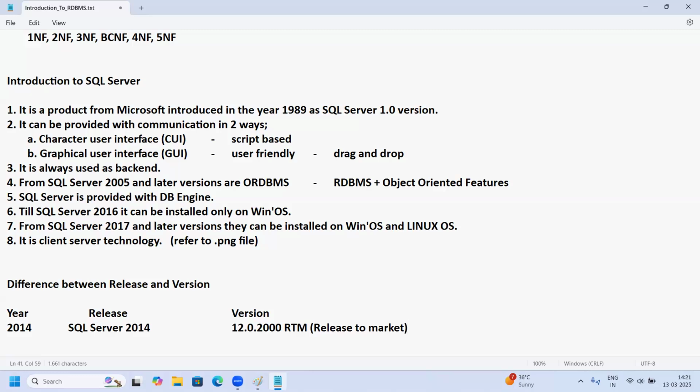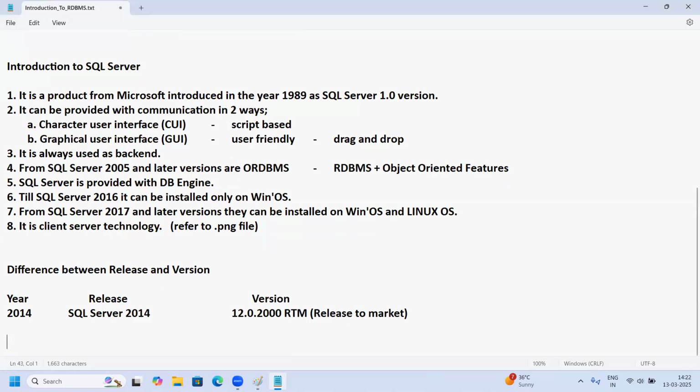That is the reason, even from an interview point of view, you should be very clear when these two things are asked: difference between release and version. If they are asking you to say release name, you are supposed to talk only about release name. If they are asking you to talk about version, then you talk about version only.